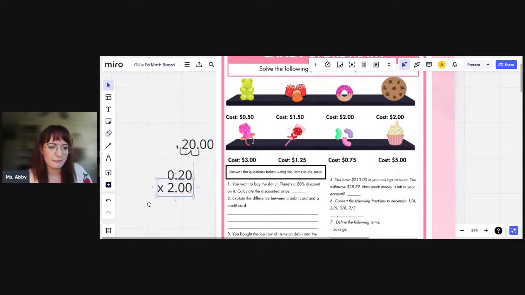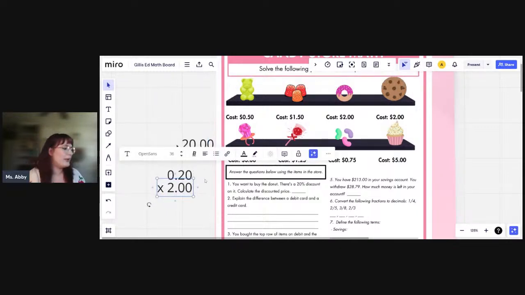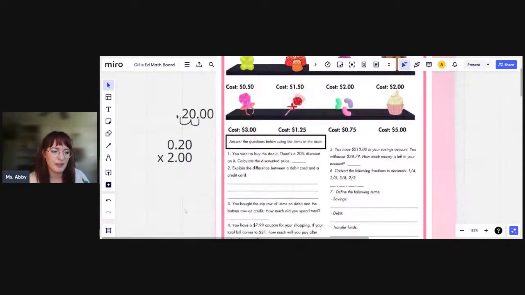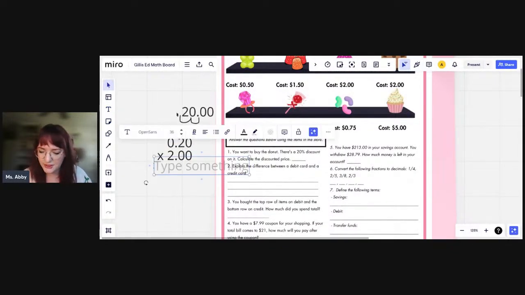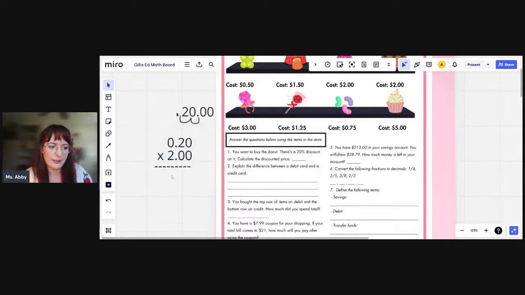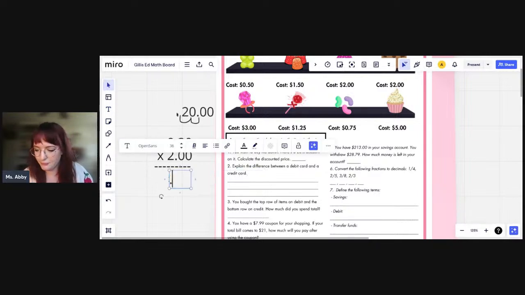So we have 0.20 times 2.00. We're going to do that math real quick, and we should get 0.40 as our sum. So we'll have 0.40 right here.